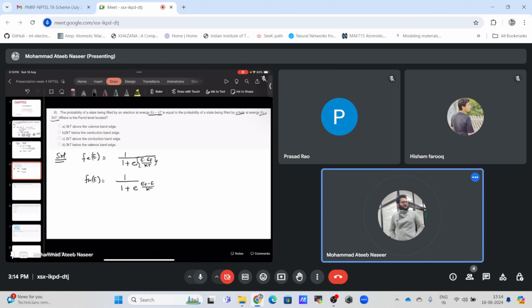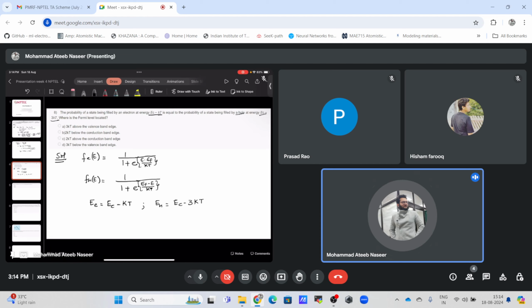It is just 1 minus the probability of occupation of an electron at a particular energy level E. Now this energy for the electron is given to be equal to EC minus kT, and for the hole it is given to be equal to EC minus 3kT.